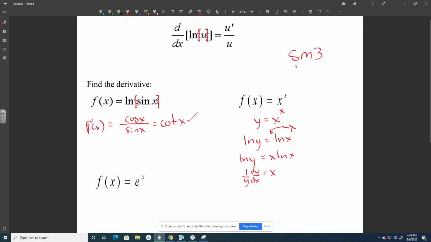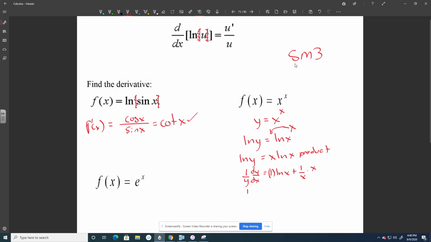x times, well, I guess we better use the product rule, huh? Because that's not a constant, that's an x. So here we've got the product rule that we need to use. It tells me that the derivative of x, that's just 1, times the second term, natural log of x, plus the derivative of the natural log of x, well, that's just 1 over x, times our first function, which is x.